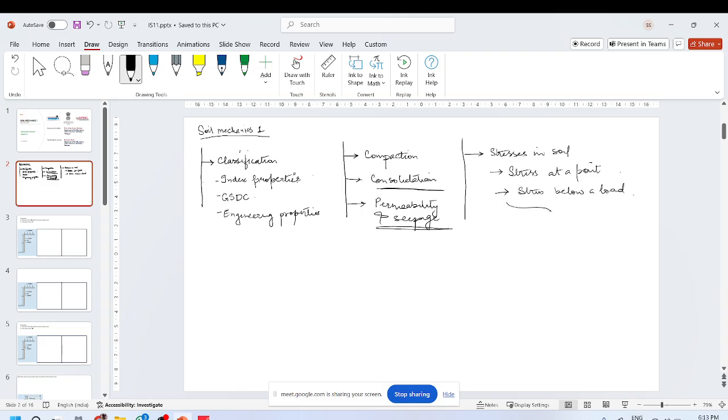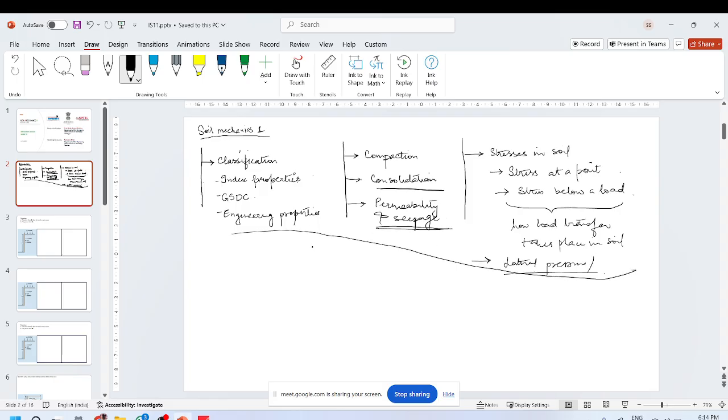So these tell you how load transfer takes place in soil. We've also covered earth pressure theory, which basically is lateral pressures. So until now, we are talking about the properties of the soil. Then we discussed the shear strength of soil.